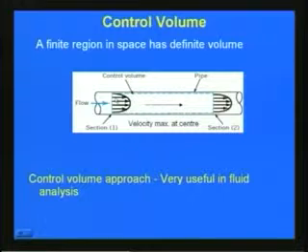What is happening in this is the major analysis which we will be doing. So this is the control volume approach used in fluid mechanics. If you consider a pipe like this, when pipe flow is there from one section to another, what is happening is the control volume approach.